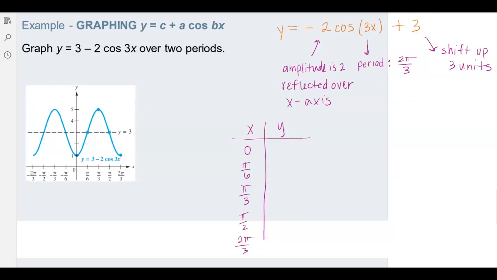For the y values, cosine normally follows the pattern of max, center, min, center, max, right? The negative sign is going to have all of the maxes change to mins and all the mins change to maxes.